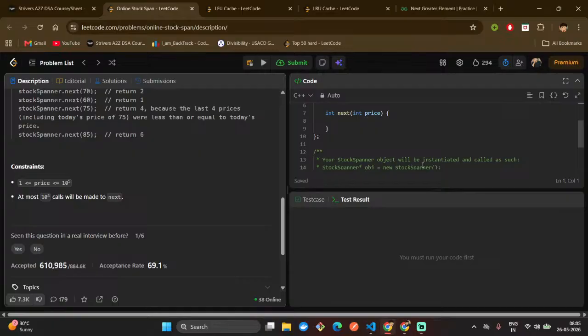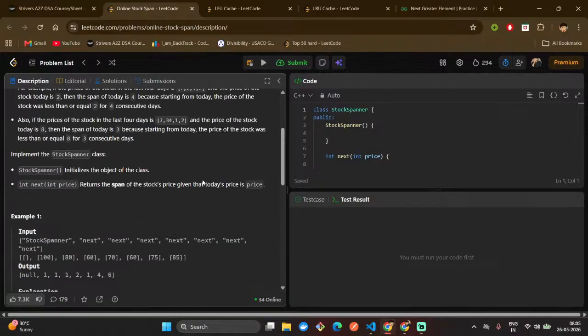How to approach next? What can you use here?